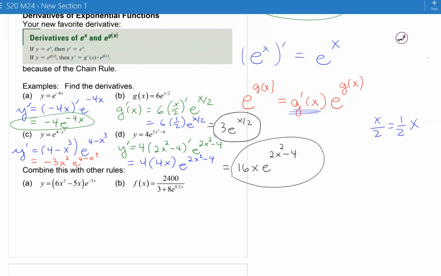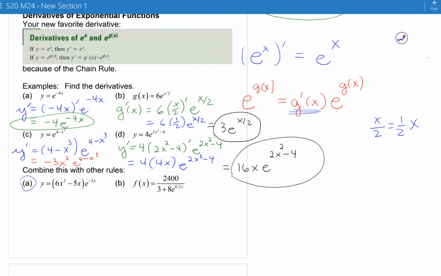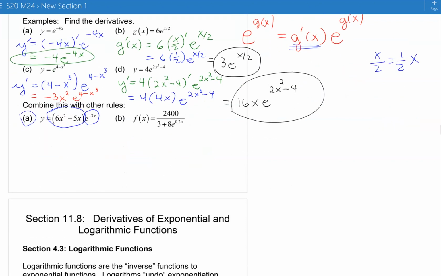Okay, then we need to be able to combine this with other rules. So this first example is a product rule. I have the product of a polynomial and an exponential function. So my u function is the 6x squared minus 5x, and my v function is the e to the minus 3x.